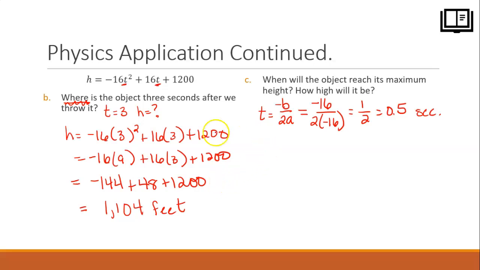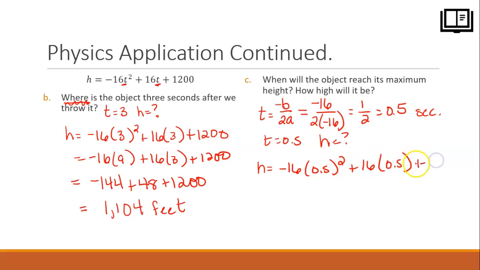Now, how high will it be? Well, this is very similar to what we just did here. We have the time. The time equals 0.5. We want to know the height, so we're substituting into the equation. H equals negative 16 times 0.5 squared plus 16 times 0.5 plus 1200.